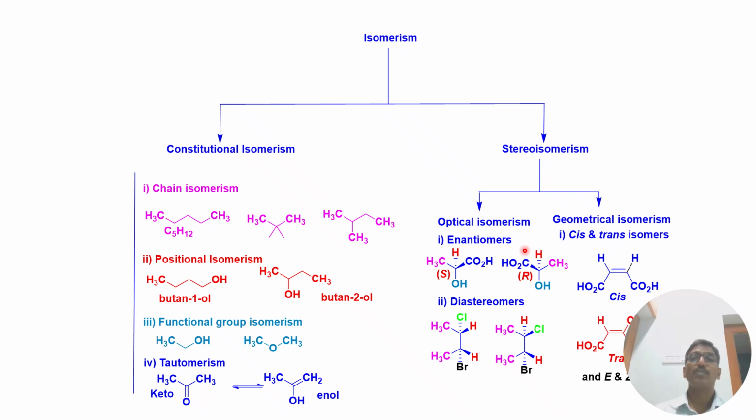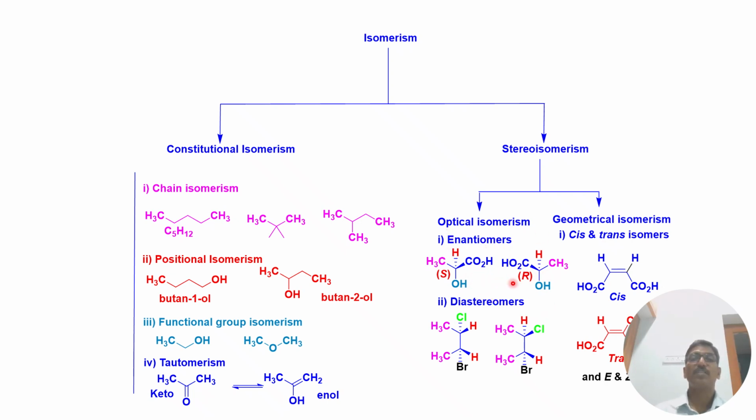Optical isomerism, as the term says, shows optical activity. When you place it in a polarimeter in solution, it rotates either in a clockwise direction or an anti-clockwise direction. In the optical isomerism category, there are two different types of molecules: enantiomers and diastereomers.